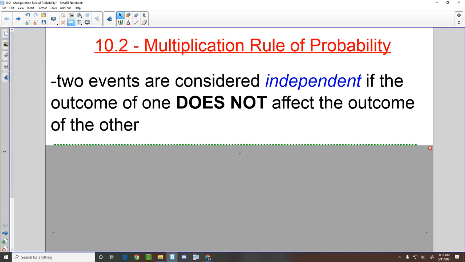And there's going to be probability of 2 events or more occurring one after the other. The probability of this occurring and then that occurring. And so we need to determine if these events are independent or not.